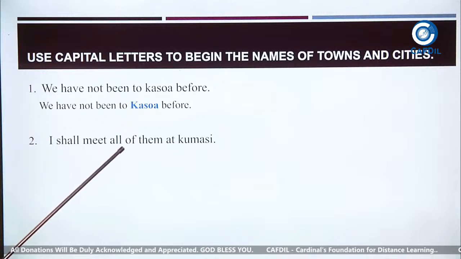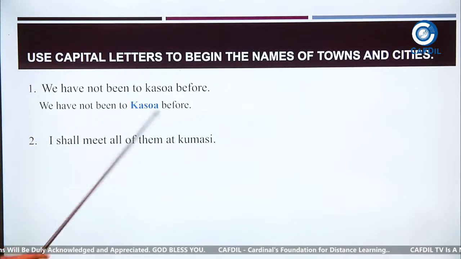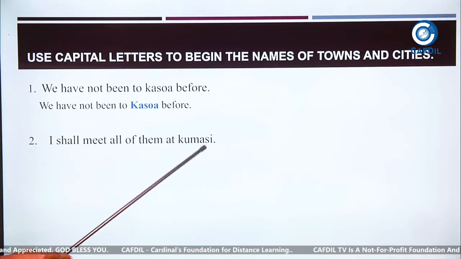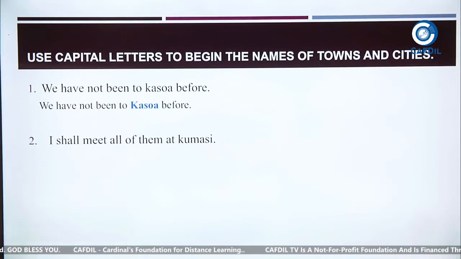I shall meet all of them at Kumasi. All right, learners, look out for the proper noun in this sentence. When you find it and you are writing it, make sure you begin with a capital letter.